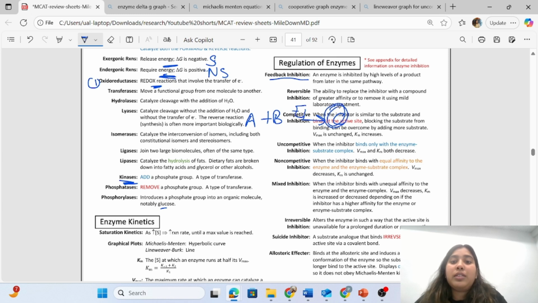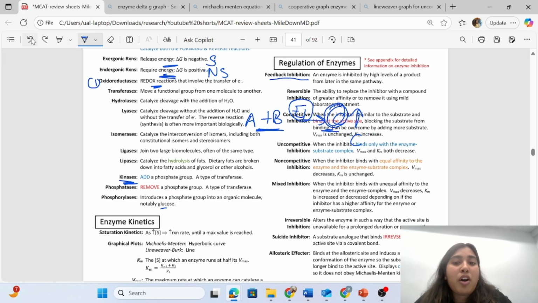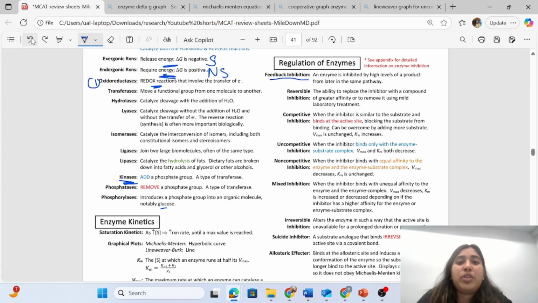So if you have a higher concentration of C, like you have a lot of C in your body, what it will do is it will restrict the substrate binding to enzyme 1, which will inactivate the enzyme 1, and then A plus B would not be able to produce C, and eventually the concentration of C will decrease. So that's called feedback inhibition. It's generally seen in hormones more, like if you have a significant level of one hormone, then that hormone will kind of try to restrict those enzymes to produce more of it.